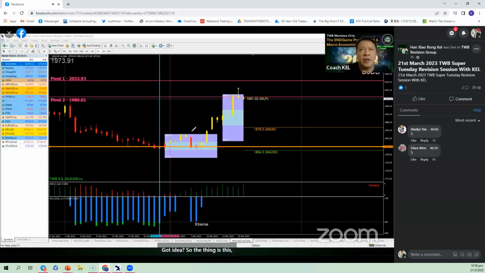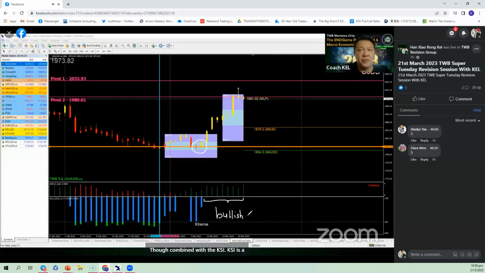Okay, got the idea? So the thing is this: if the market stays above that line that we just drew, and if there's a CCRY, you will notice that the market really went up as usual. And since there is no blue bar, what does it mean? No blue bar means it is very bullish.